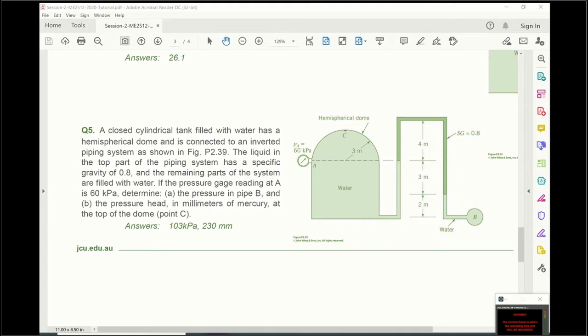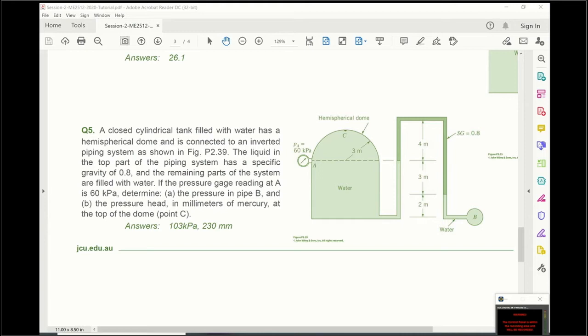Rho g is, for the water, 1000 times 9.8. You need to practice it because the basics are very easy.